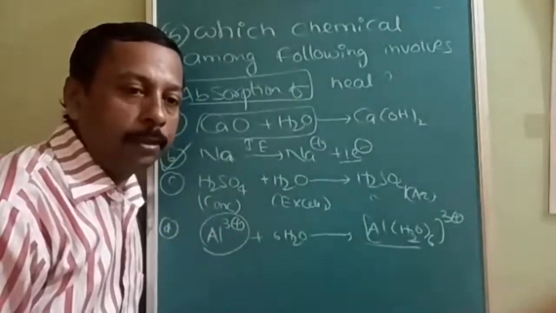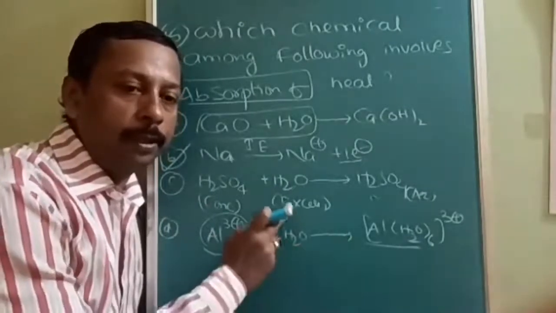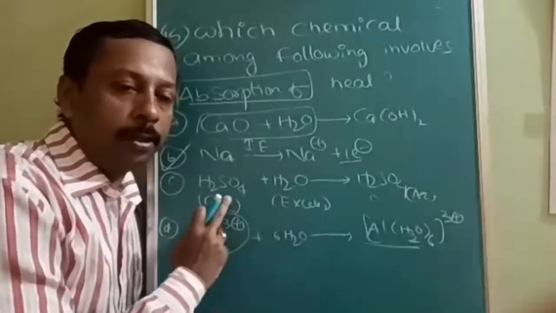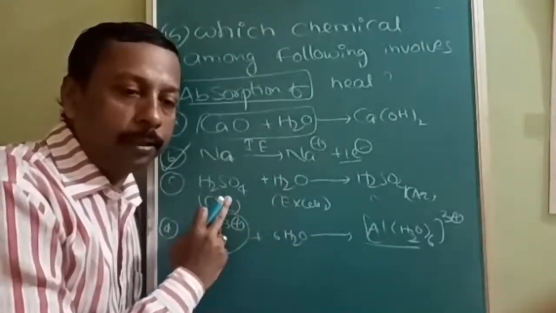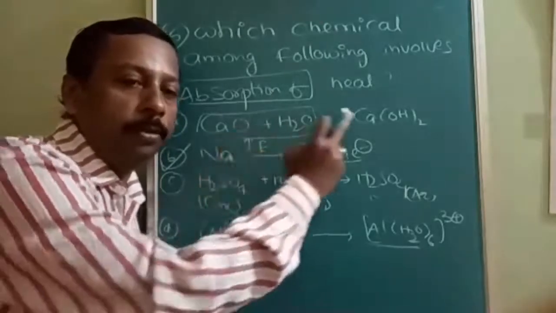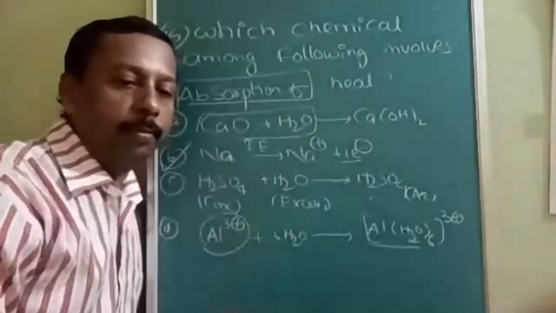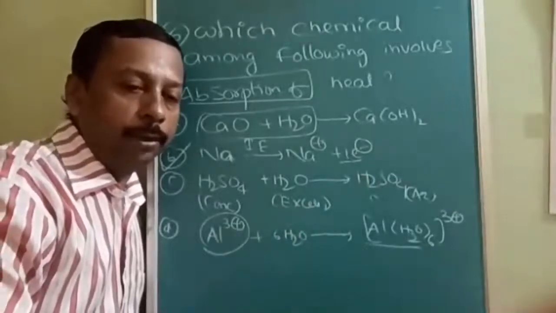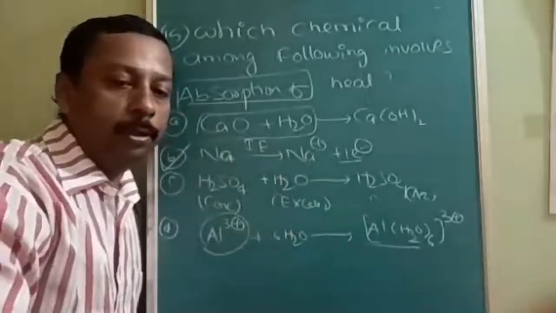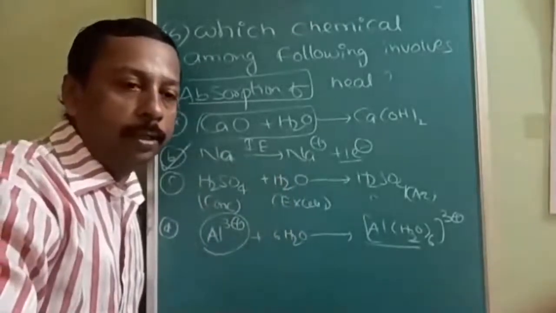The lime one is exothermic because of the strong bonds formed between calcium and OH negative. So only where energy is required is sodium converted into a positive ion, that is called ionization energy.